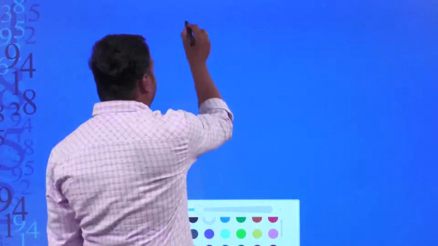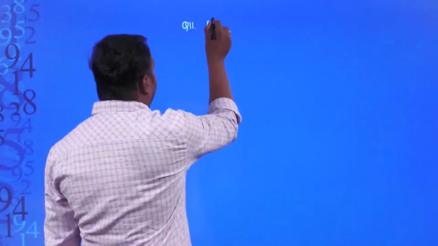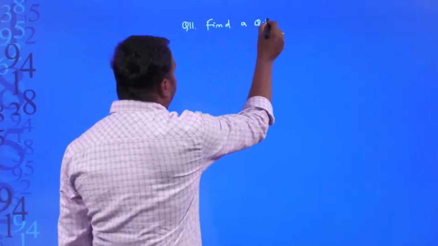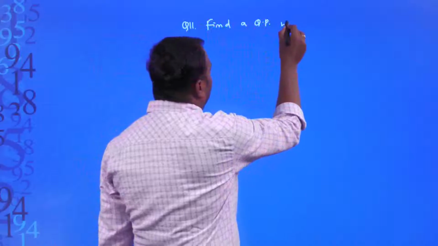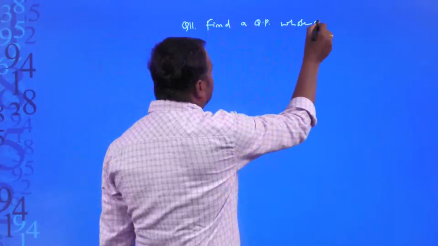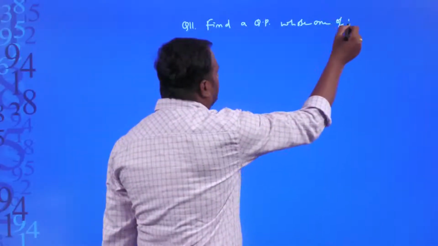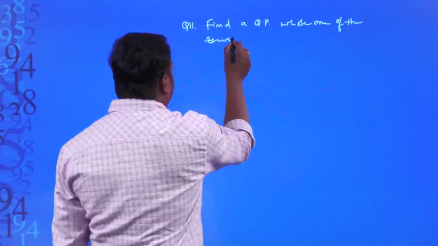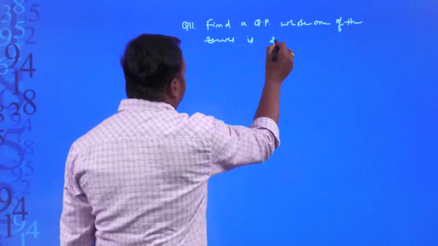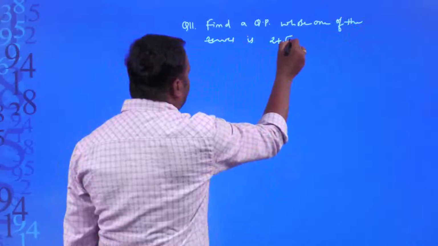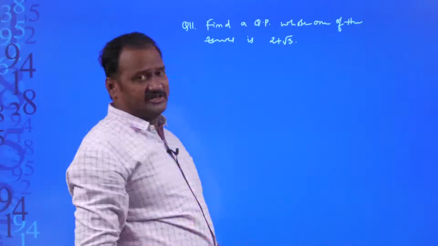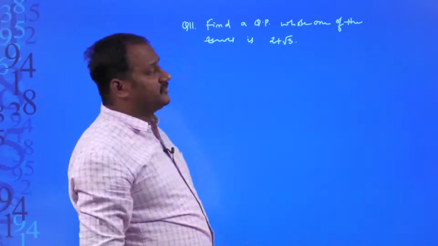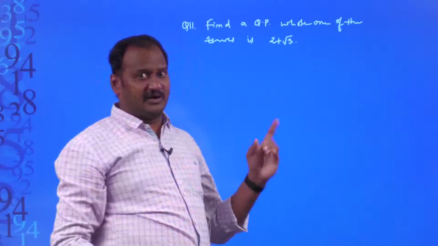For example, find a quadratic polynomial whose one of the zeros is 2 plus root 3. So, 2 plus root 3 is one of the zeros. Now, I am going to figure out what is the quadratic polynomial when one 0 is given.